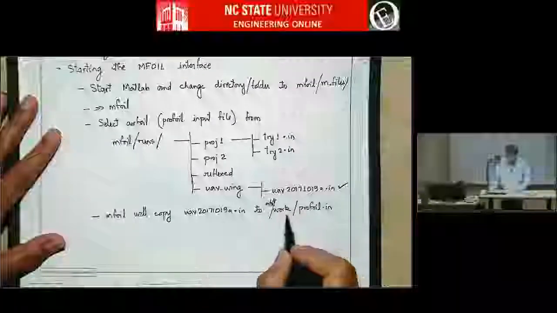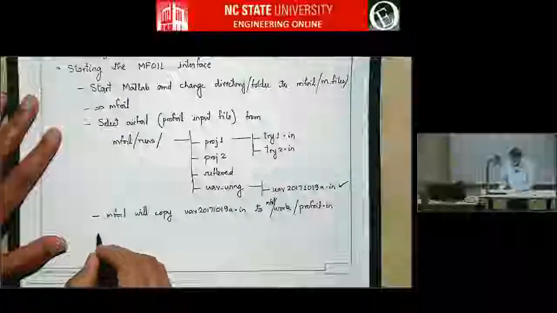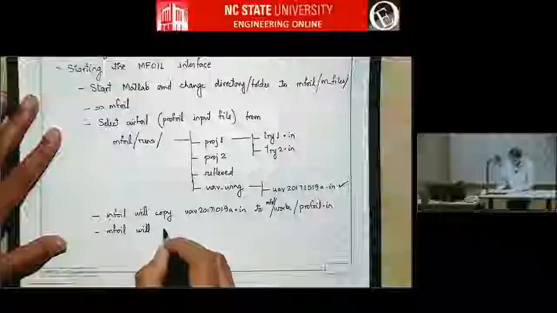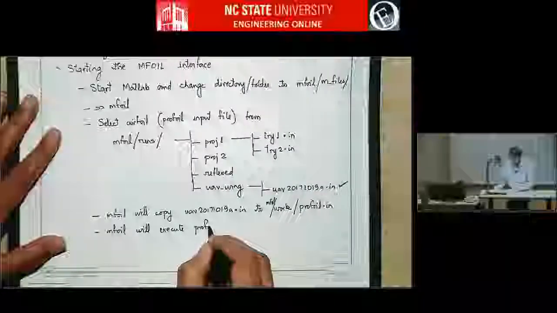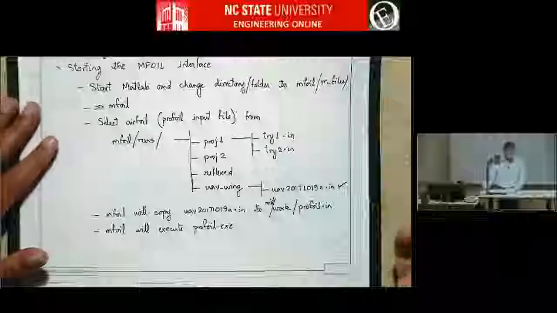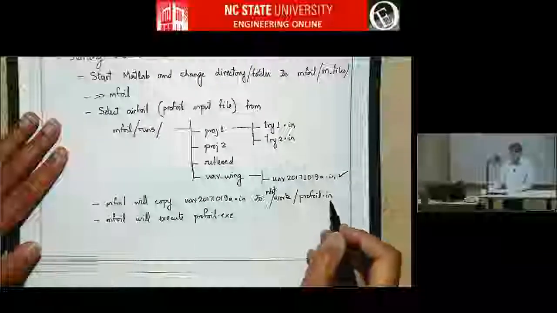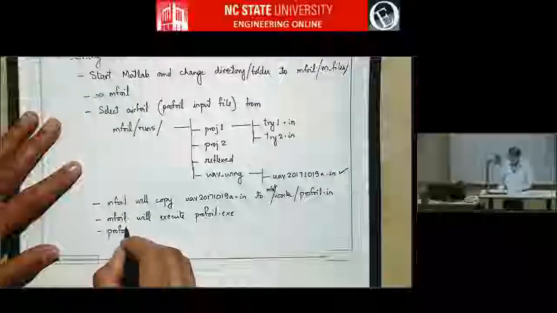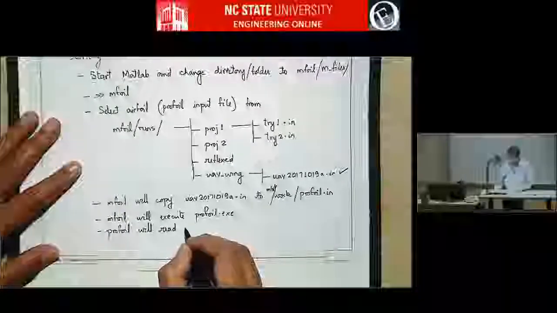So mfoil will actually copy everything to this. And then mfoil will execute profoil.exe. This is the actual code, right? It'll run the code. When profoil runs, it automatically goes and reads this file, because that is the input file for the airfoil.